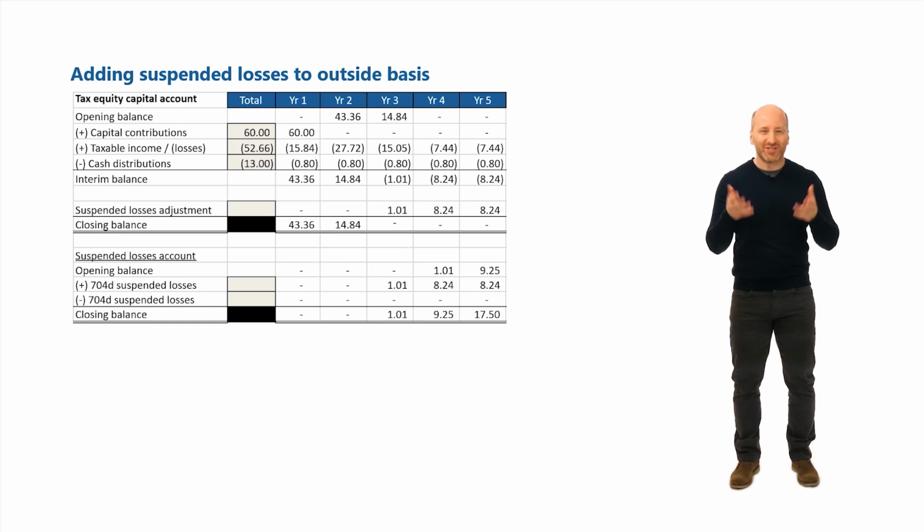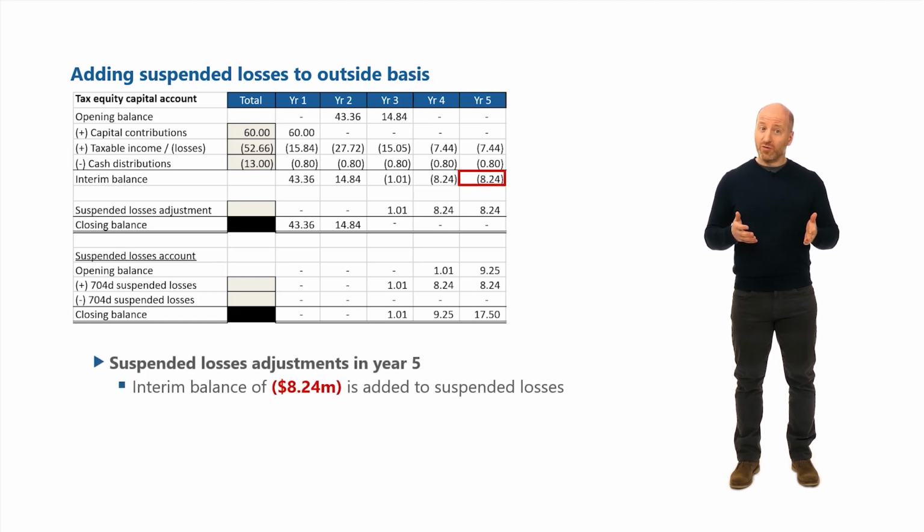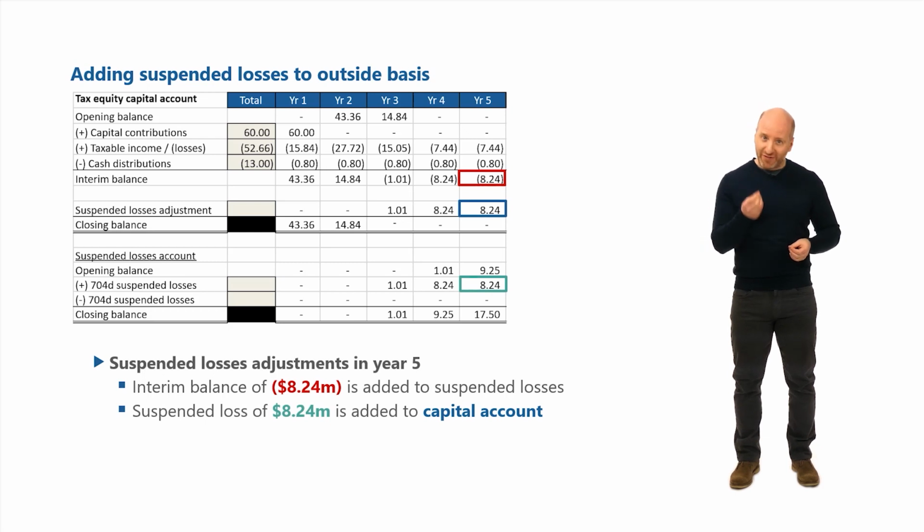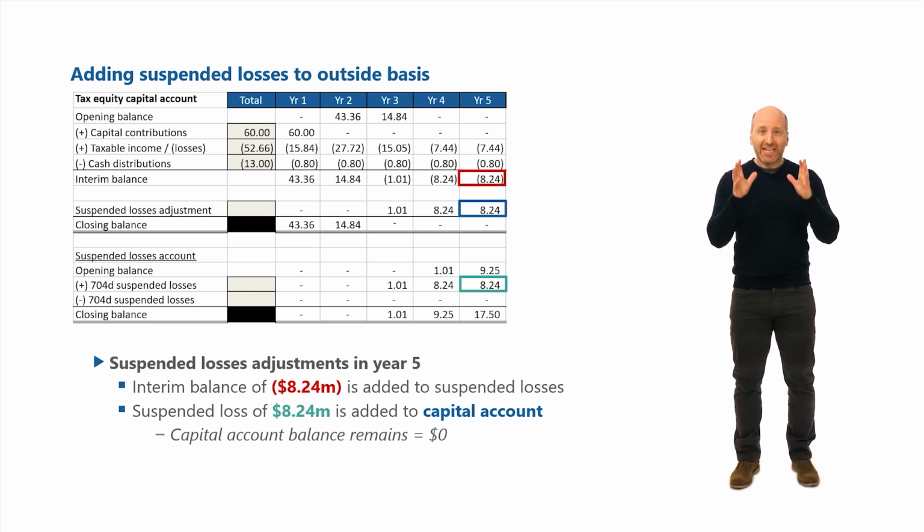And year 5 is going to function exactly the same way as year 4, starting with a 0 balance as we suspended all of our previous losses. So again, we will increase the suspended losses by 8.24 million up to 17.50 million, and we will maintain a 0 account closing balance.